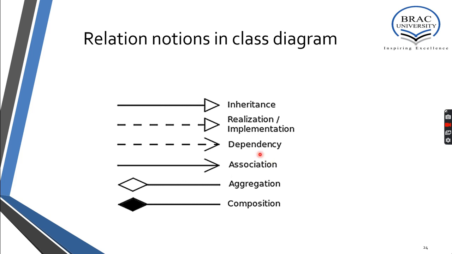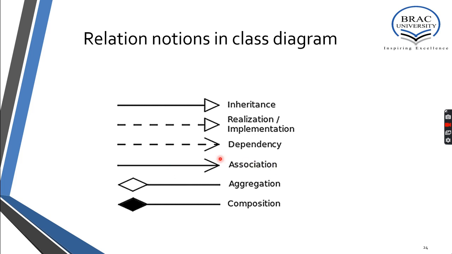Then the dependency. If some class has a dependency on another class, then that should be represented by this type of arrow. Then the association. Association means connected. For example, if you have an entity for a tree and another entity for leaves, you can associate them, right?